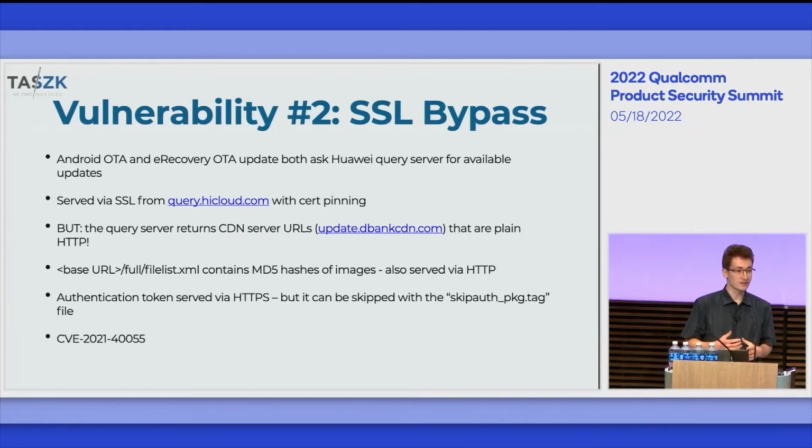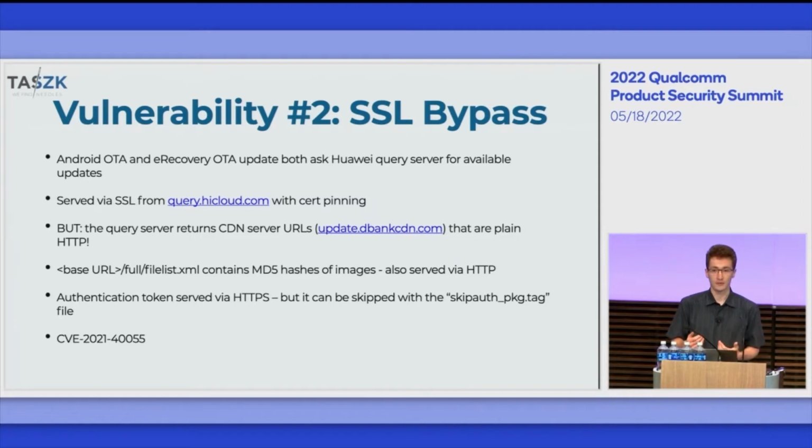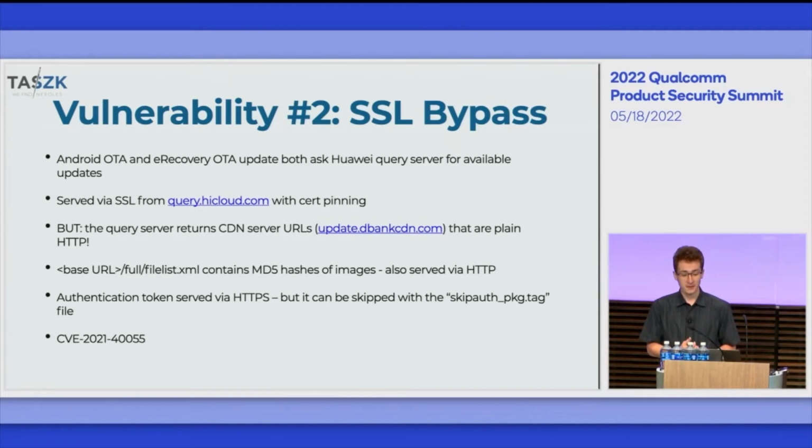Also, the file list, which the phone has to download in order to update, contains hashes. But probably those are not for cryptographic purposes, but rather for integrity checks, like spontaneous errors during the download process. And those hashes are also served over HTTP.